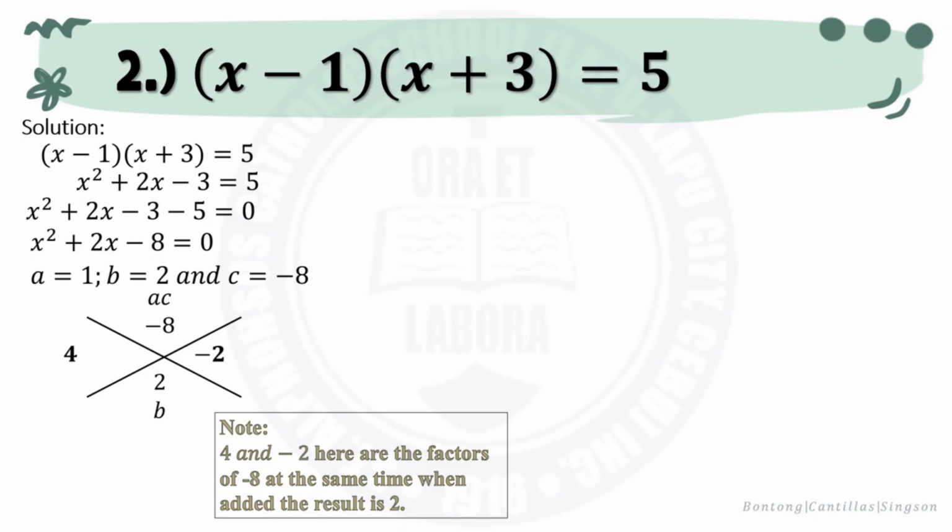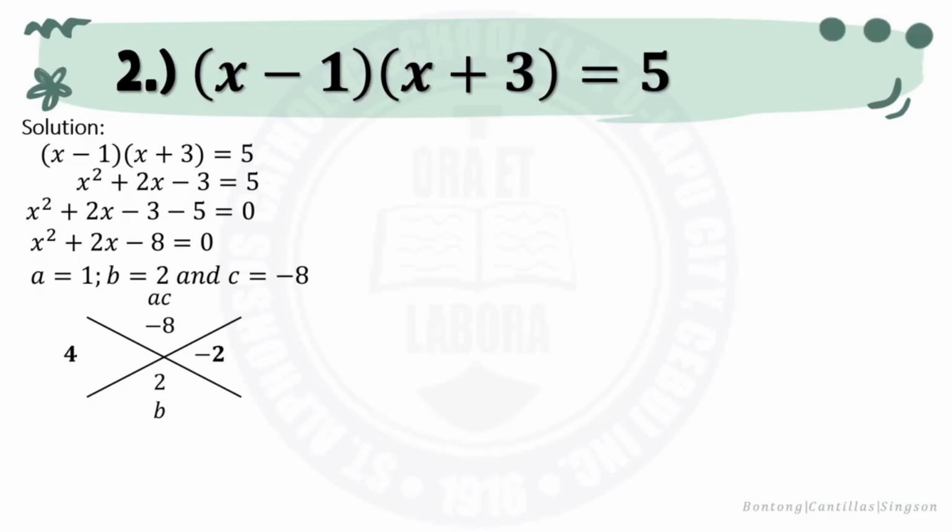At the same time, when you add 4 and negative 2, the result is 2. Again, 4 and negative 2, when multiplied with each other, the result will be negative 8. And when you add these two numbers, the result is 2. Again, AC is the product of the values of A and C.